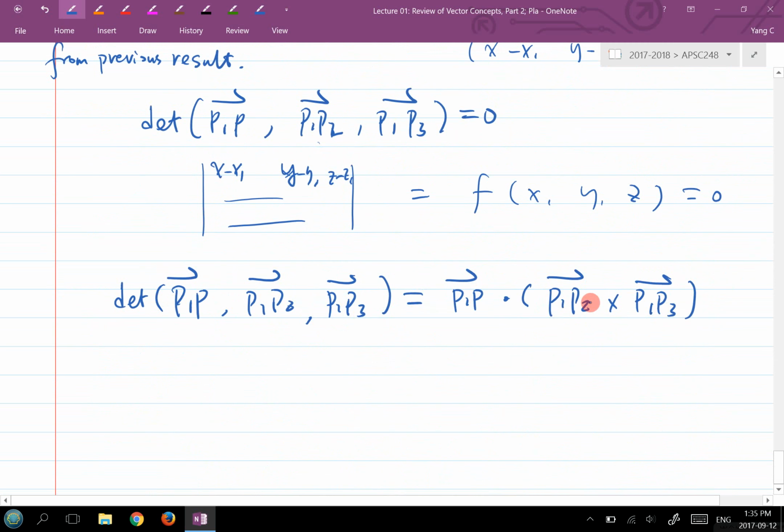It has just the same meaning, but a different formula for the volume formed by the three vectors. We can look at this now: P1P dot P1P2 cross P1P3.